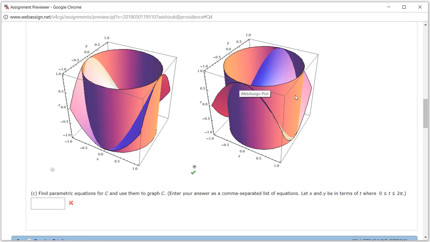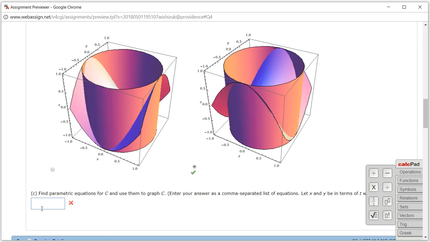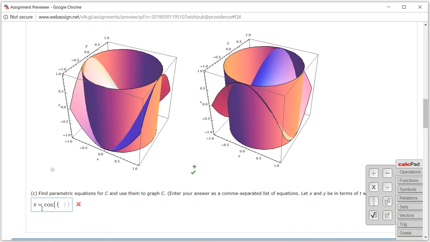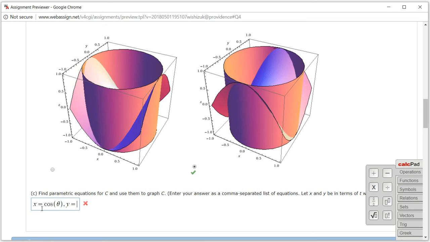For x and y, you have to go around the unit circle, so x equals cosine of theta and y equals sine of theta.